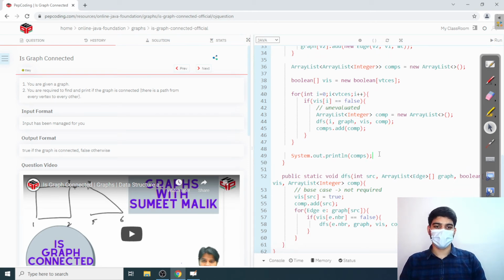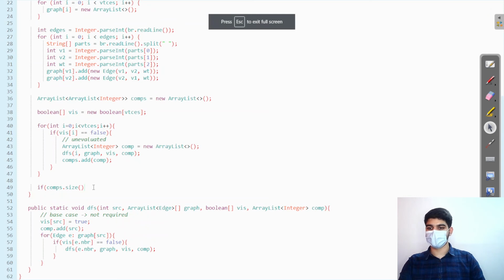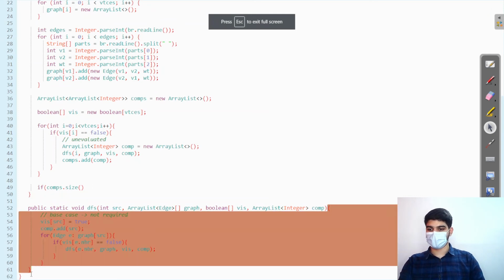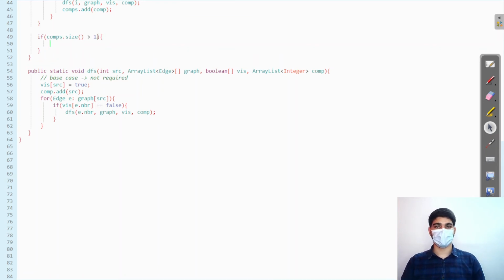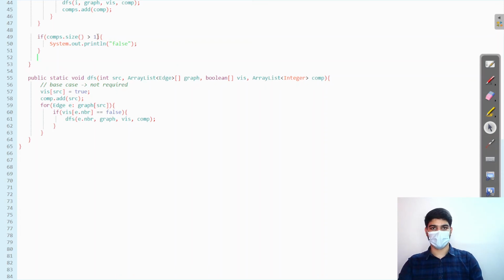Now, over here, instead of printing components, what I have to check is my component size. If my component size is greater than 1, that means my graph is not connected. That means I would do system.out.println false, right?